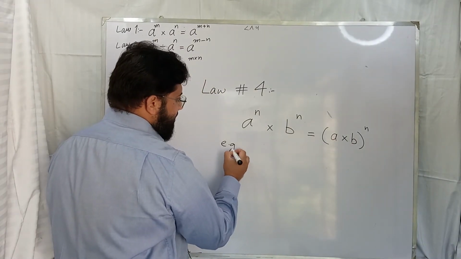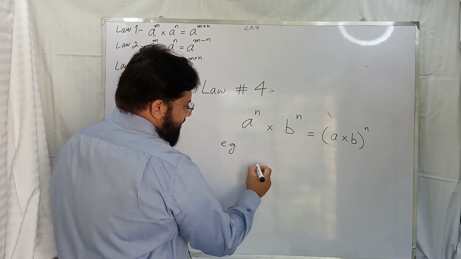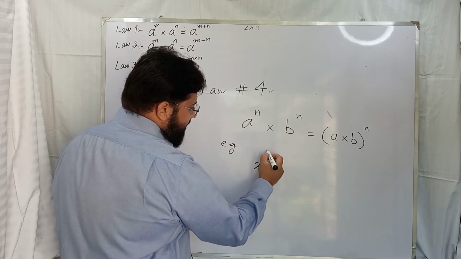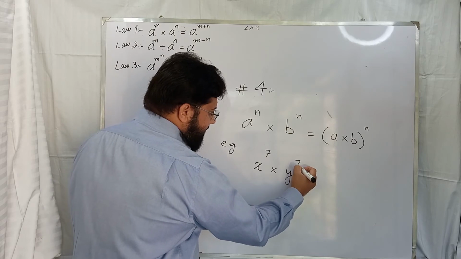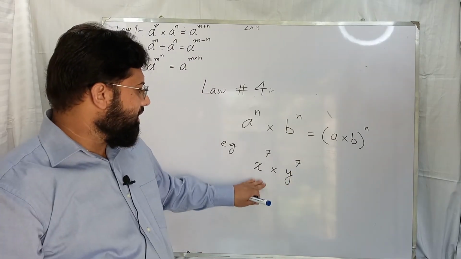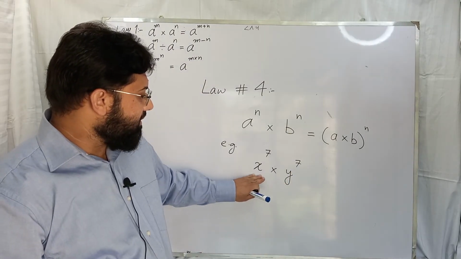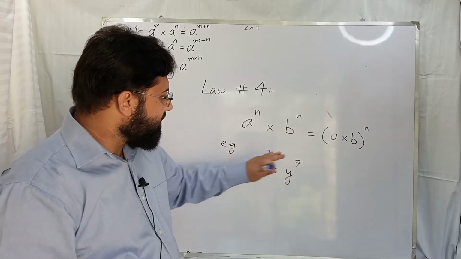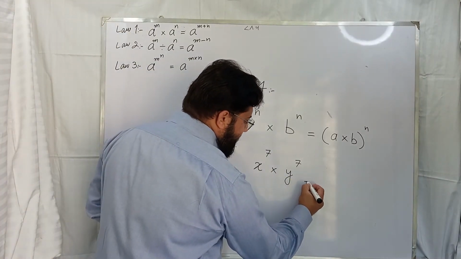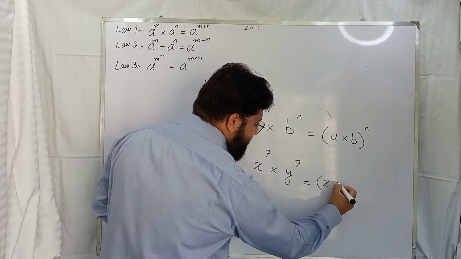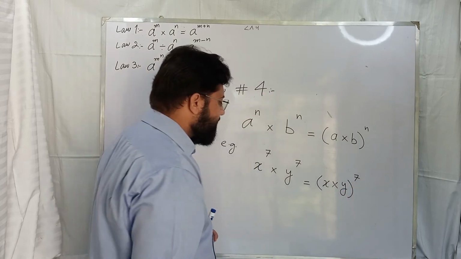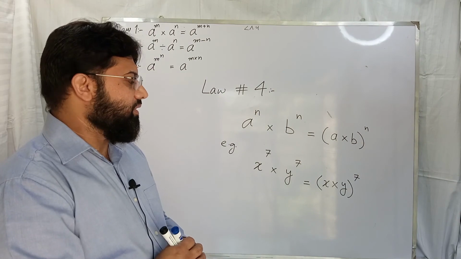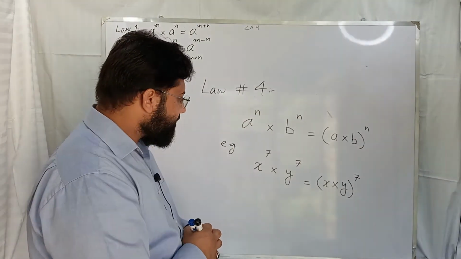For example, let's say I write x to the power 7 multiplied by y to the power 7. You can see both the bases are different but their powers are same. So I can combine them as x into y, both having the power 7, right?